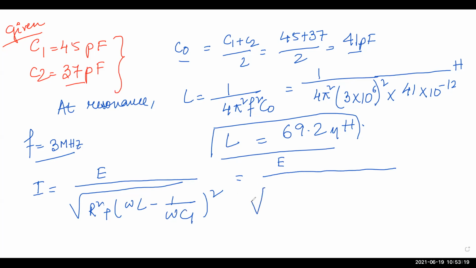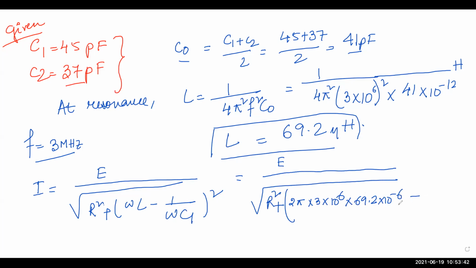So here you write R square plus omega L. Omega L means 2 pi F L. 2 pi F is 3 into 10 to the power 6, and your L is 69.2 into 10 to the power minus 6.